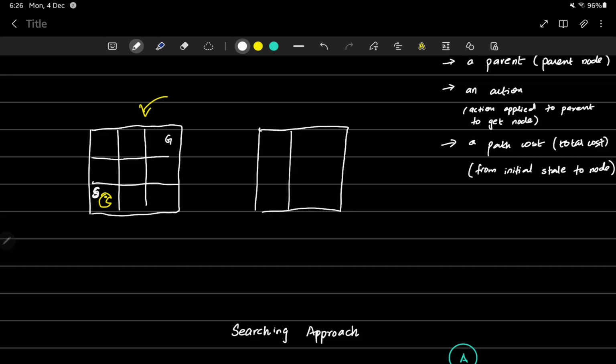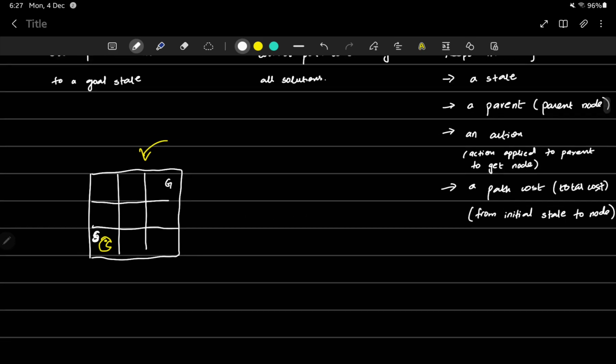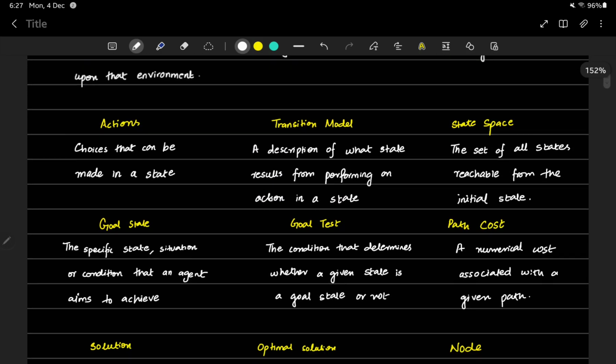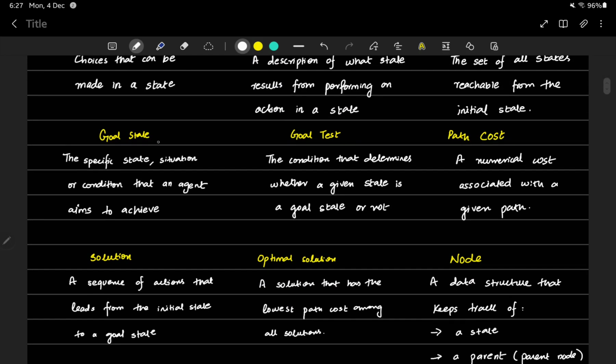So let me ask you something. Now, if my starting point is here and my agent is here, this is an initial state, right? But if my agent has moved a bit, now this is not an initial state. Okay. We will actually talk in greater detail why initial states matter. So yeah. Now, the fourth one is, what is a goal state?